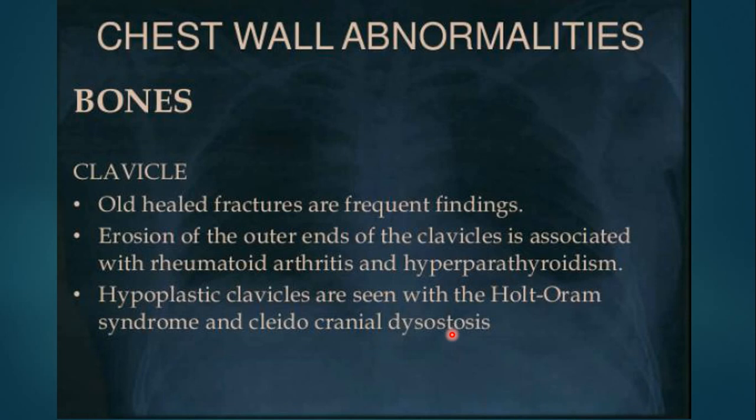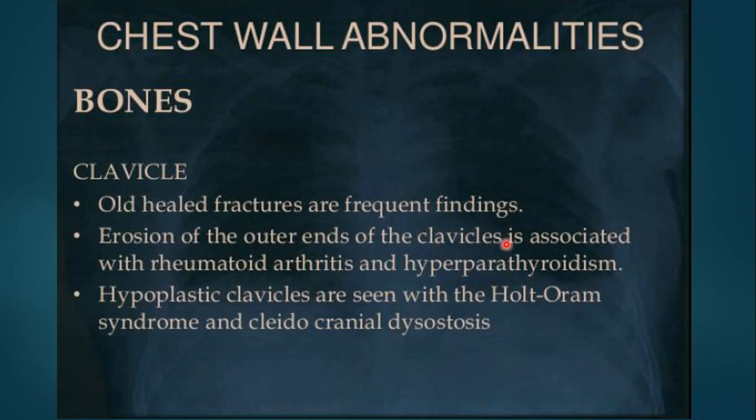So the commonest causes of erosion of the outer third of the clavicles include rheumatoid arthritis and hyperparathyroidism. If you see hypoplastic clavicles, small clavicles, or agenesis of the clavicle, unilateral or bilateral, they might be seen with what's called Holt-Aram syndrome, also in cleidocranial dysostosis.